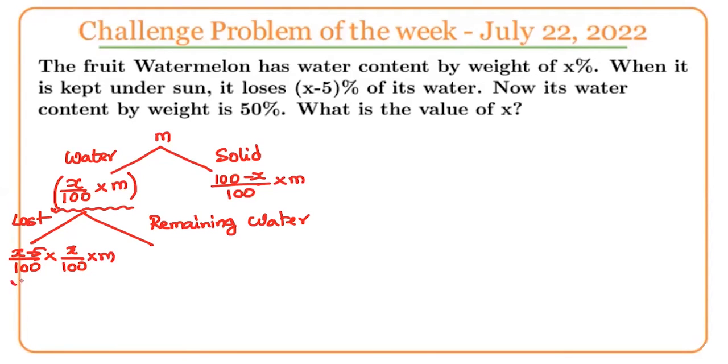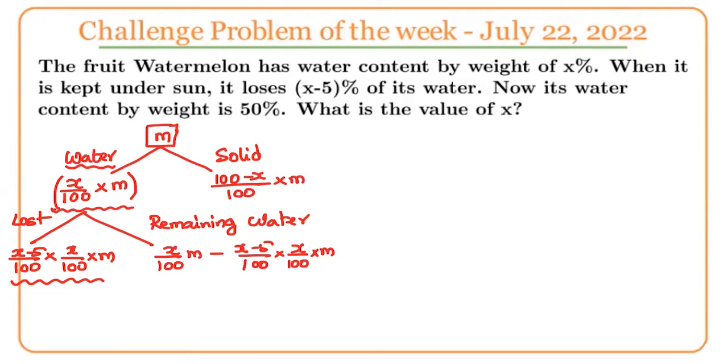So this is the absolute amount of water that is lost from this fruit which had a mass m. Now what is going to remain is the original water content minus the water that is lost. So we just simply have to subtract it, x over 100 m minus x minus 5 over 100 times x over 100 times m.